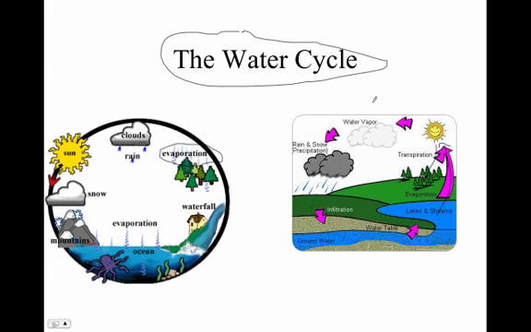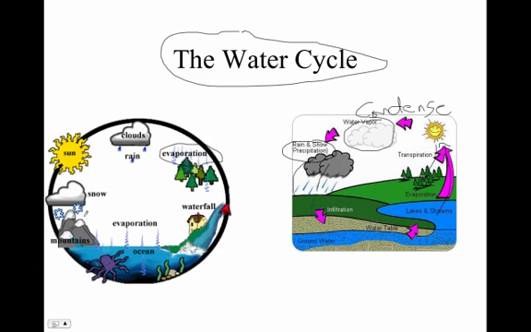Next, let's look at condensation. Condensation is how all that water vapor forms clouds. So the water vapor forms clouds. The next process in the water cycle is precipitation, and so that's how it falls back down to earth. Then the next process is called runoff.